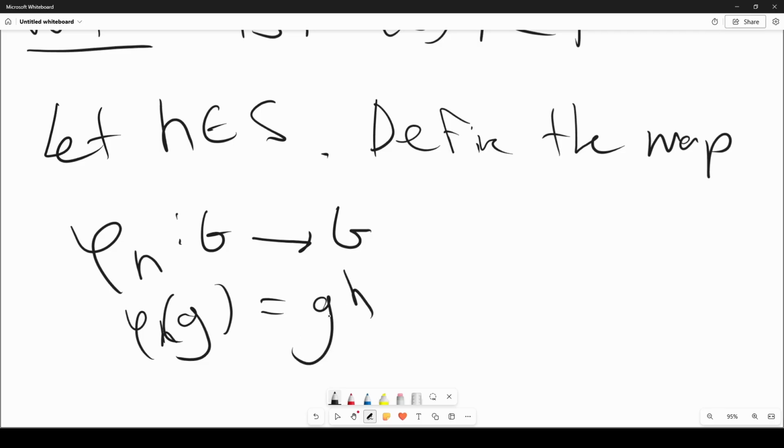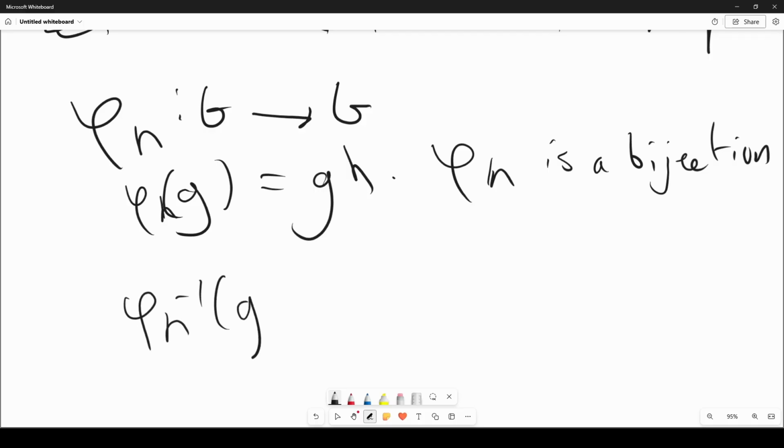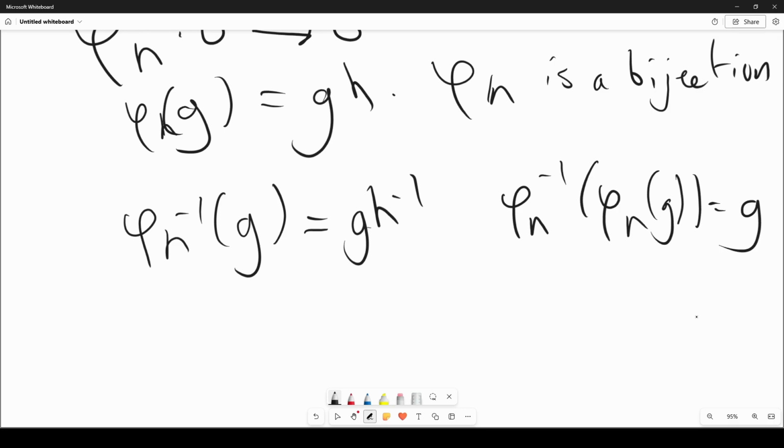Remember, h is a group element, so this is okay. Now, phi h is a bijection because it has an inverse. In fact, I can describe its inverse very easily. Phi h inverse takes g and sends it to g h inverse. You can see this very easily because I can take phi h inverse of phi h of g and I'll just get g back. So they're inverses of each other, thus phi h is a bijection.